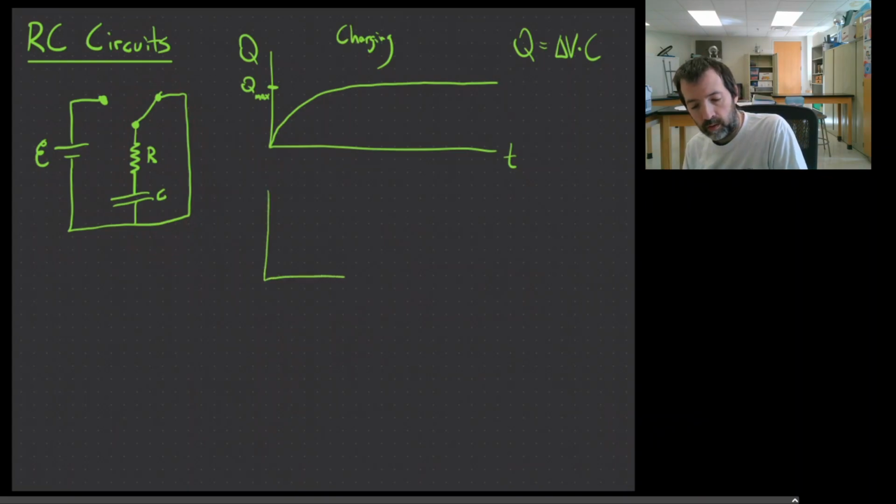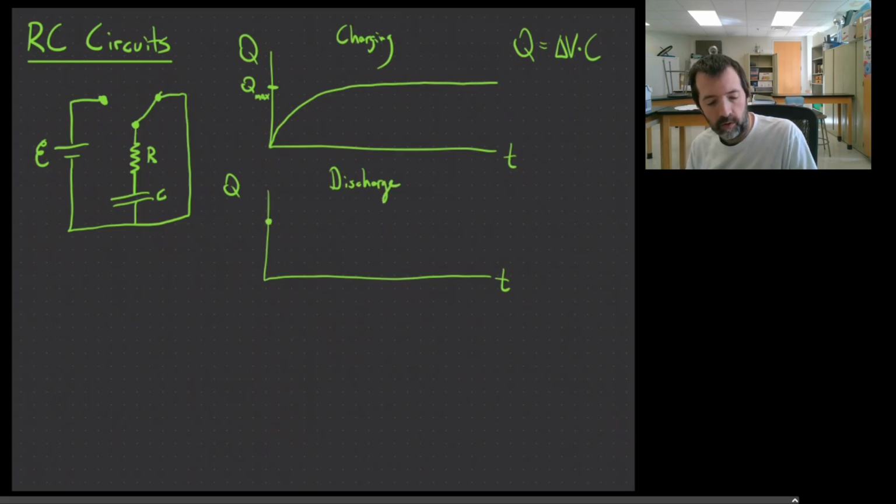And if we look at the charge during the discharge process, I start at some initial value for Q. At the beginning, when there's a lot of charge on a plate, there's going to be a pretty strong electrostatic force pushing the charge away.